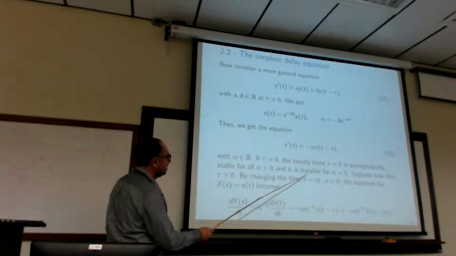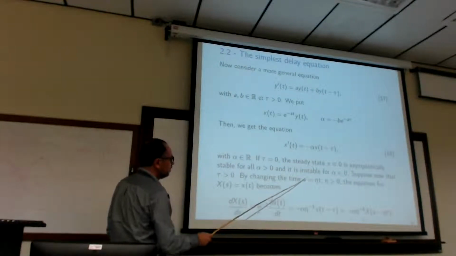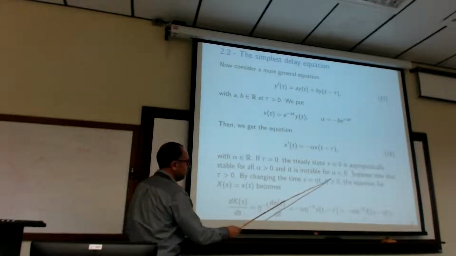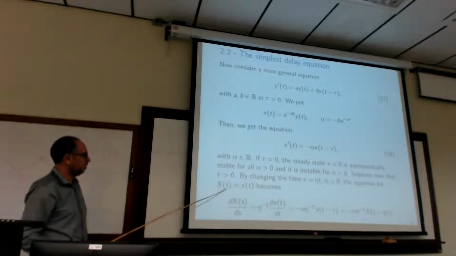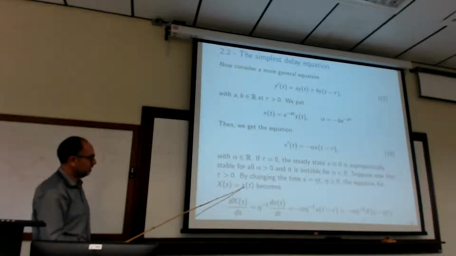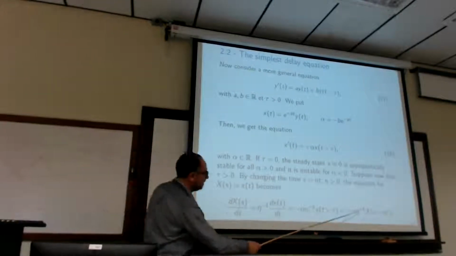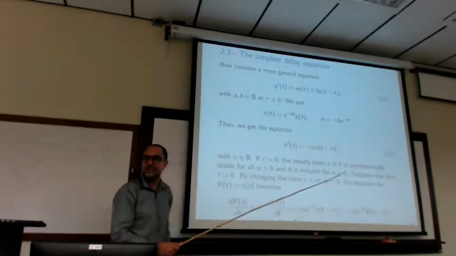Instead of t, I put s equals eta t with eta positive, and we put capital X of s equal to small x of t, and if we take the derivative we obtain this. That means if we take this equal to 1 over tau, we can put here tau equals 1.